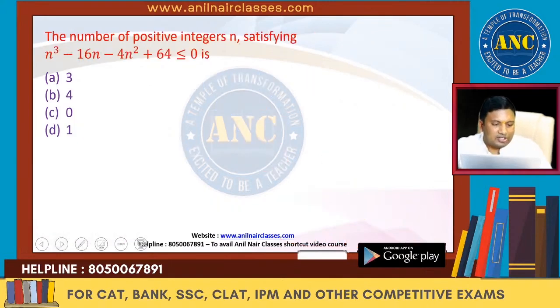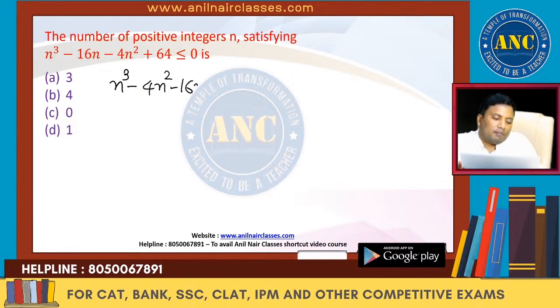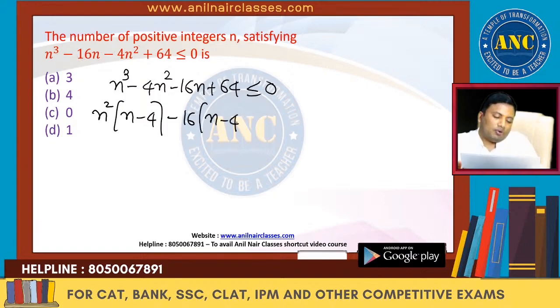Idea clear? Next one. The number of positive integers n satisfying this: n cube minus 4n square minus 16n plus 64 less than or equivalent to 0. So n square common, n minus 4 minus 16 into n minus 4 less than or equivalent to 0.